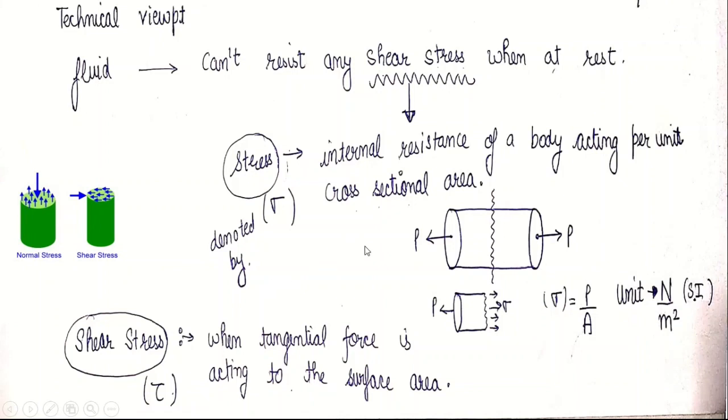This force can be acting either perpendicular to the surface area or tangentially to that surface area. When these forces are acting tangentially to that surface area, the stress that will be acting is known as shear stress. The symbol for that shear stress is tau.